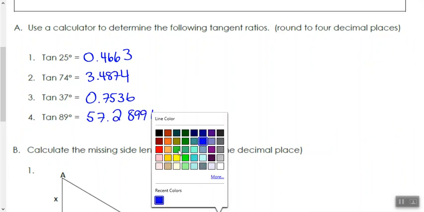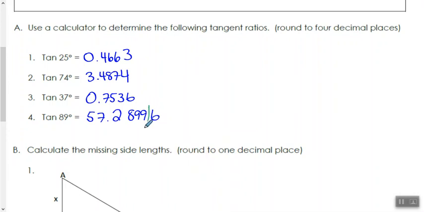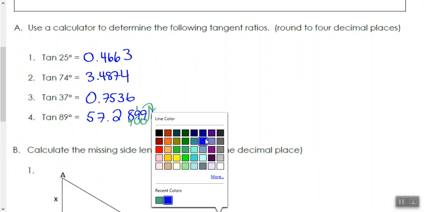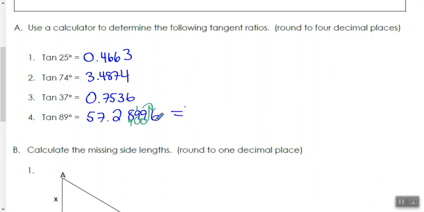If I'm going to round that to 4 decimals, take a peek over, this 9 has to round up to a 10, which means this 9 is rounding up to a 10, which means this 8 is rounding up to a 9. So this equals 57.29, then 0, 0, the 4 decimal places. Okay.